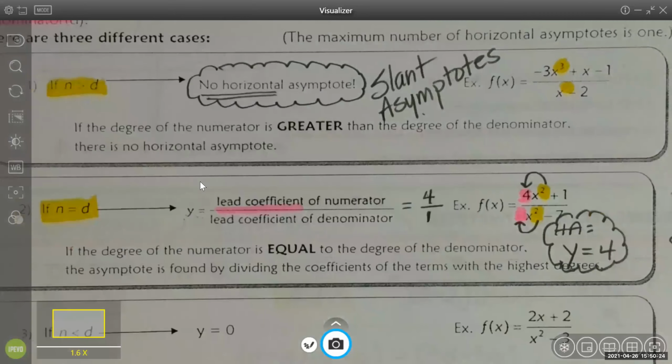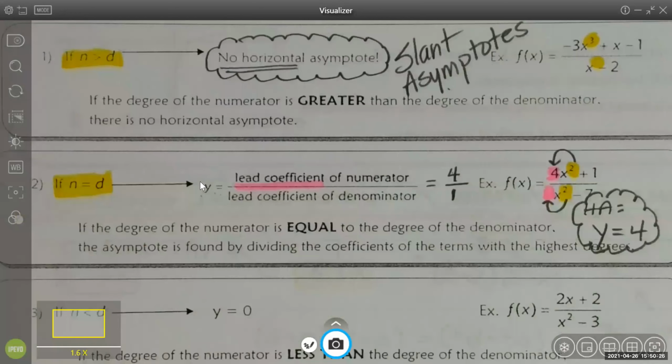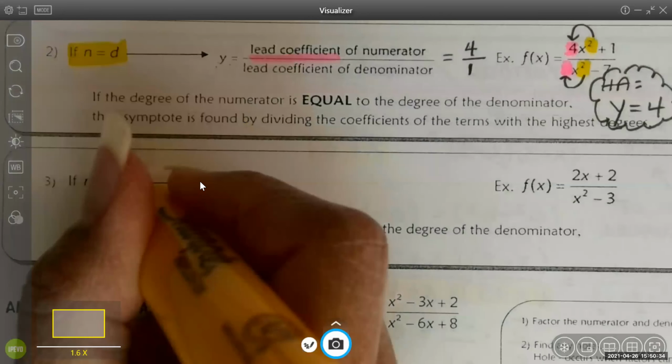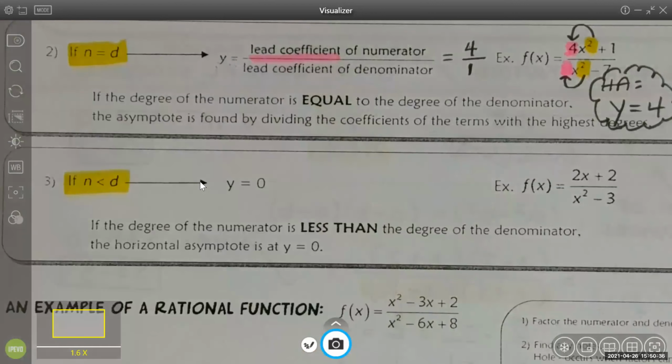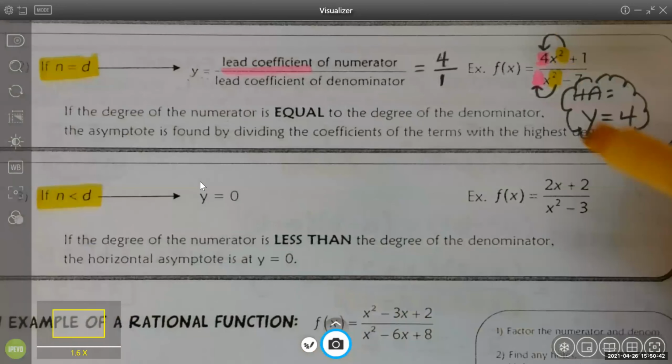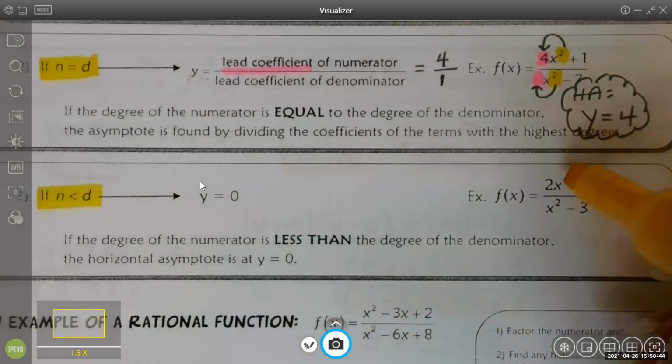Okay, next, the last is when n is less than d. This is the last condition, when n is less than d. So let's look over here to our right again. Our n value for the numerator and the d value for the denominator.